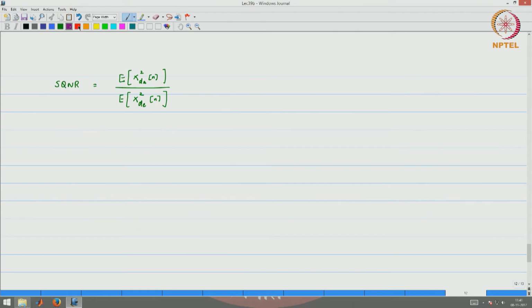So, that is the signal part, and this is the quantization error part.